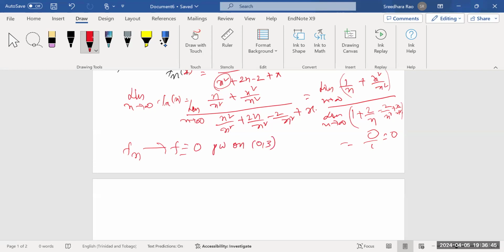Now we are going to verify whether this convergence is uniform or not. That is, we are going to utilize the Mn test. What is the Mn test?